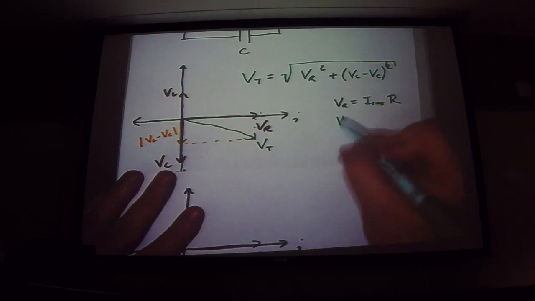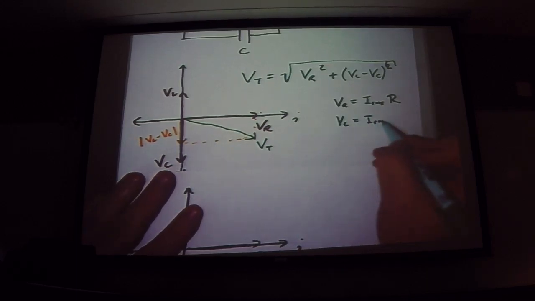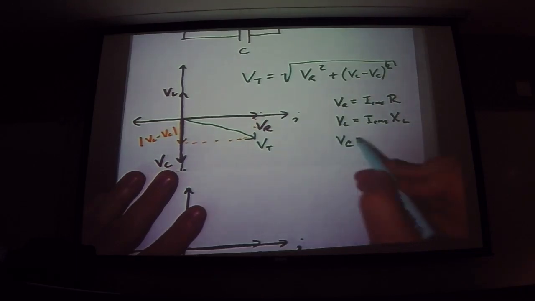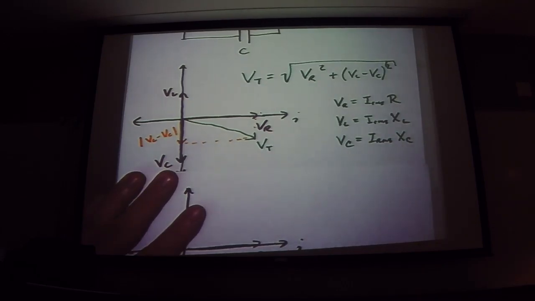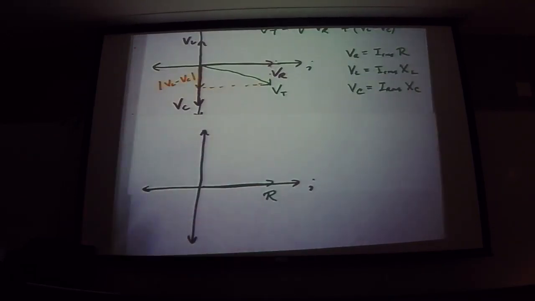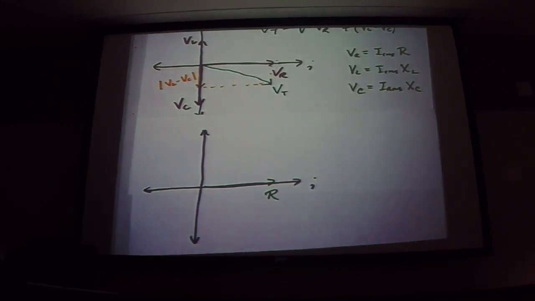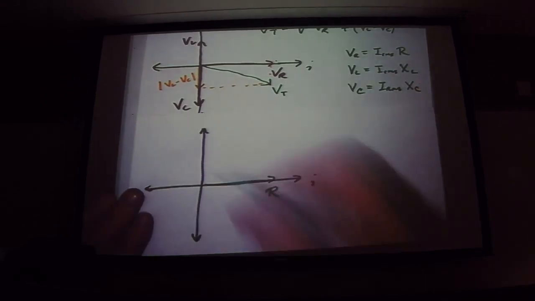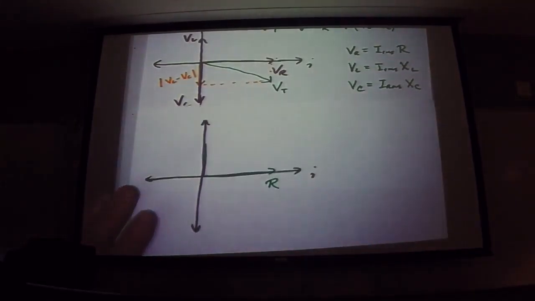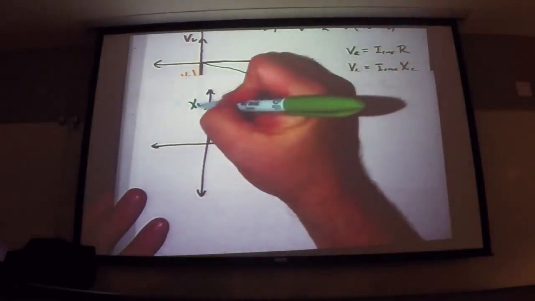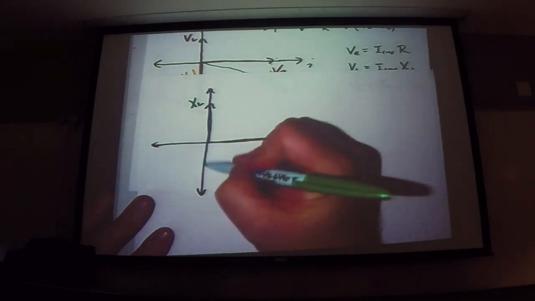But for the other two, we defined this reactance because they're not really resistors, so we defined this term called reactance that kind of acts like a resistance for an AC circuit. Okay, so up here, I'll make the L bigger this time. So we have XL and we have XC.